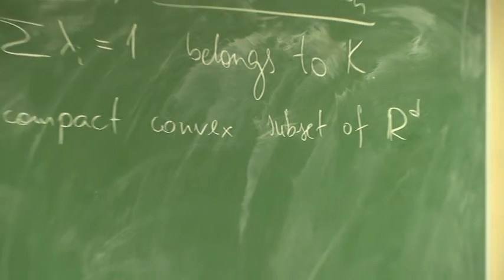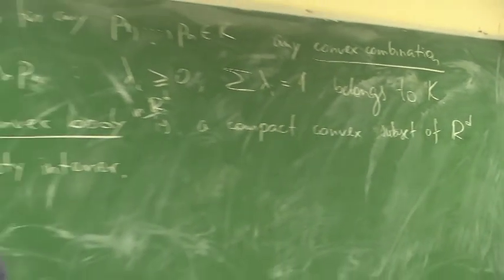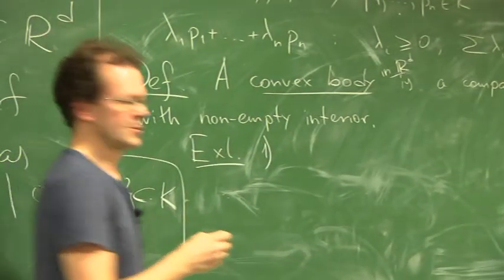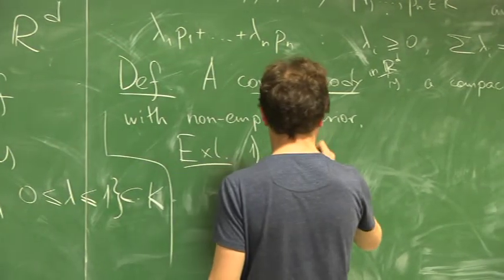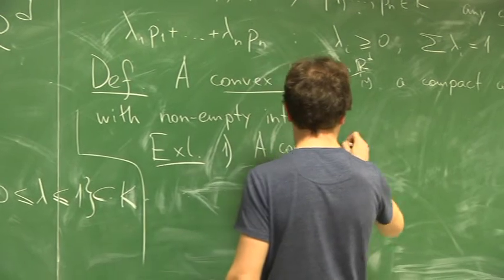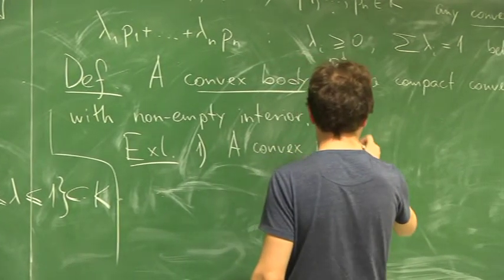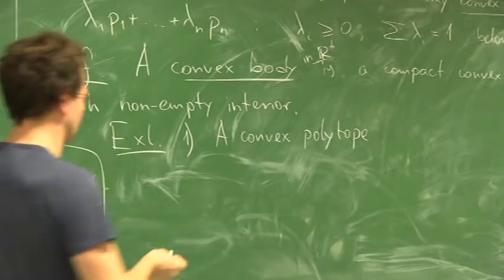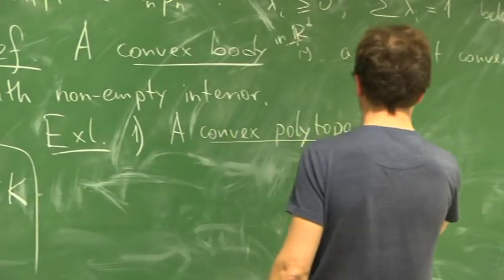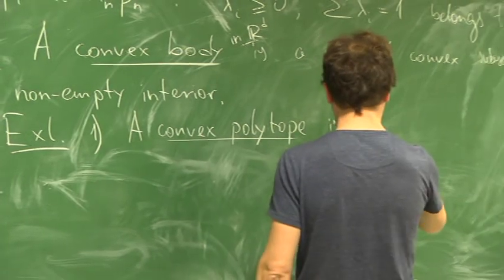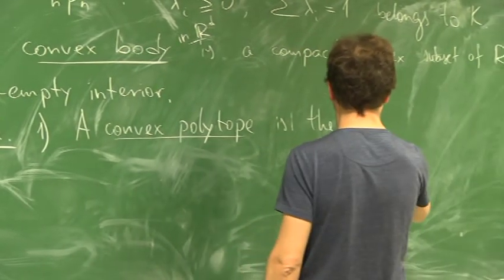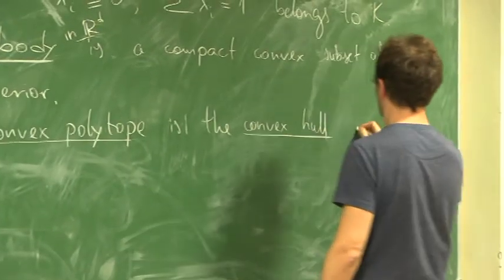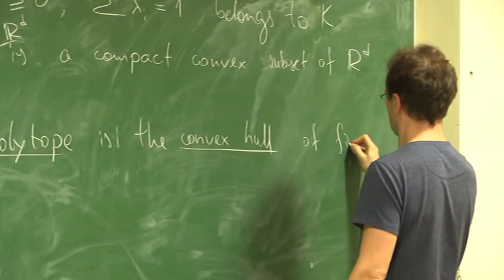So, some examples. First, there are convex polytopes in R^d. So everything is in R^d, d is the dimension of my space. A convex polytope is the convex hull of finitely many points.